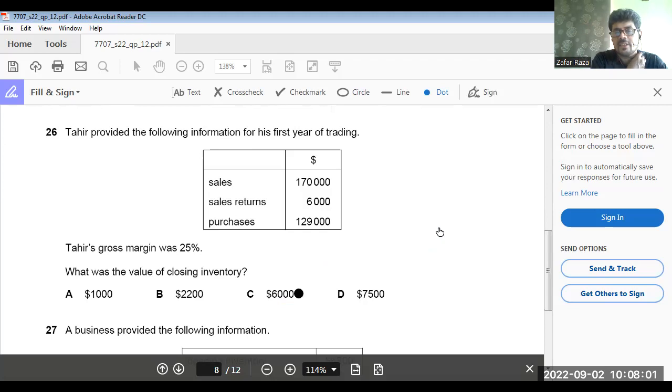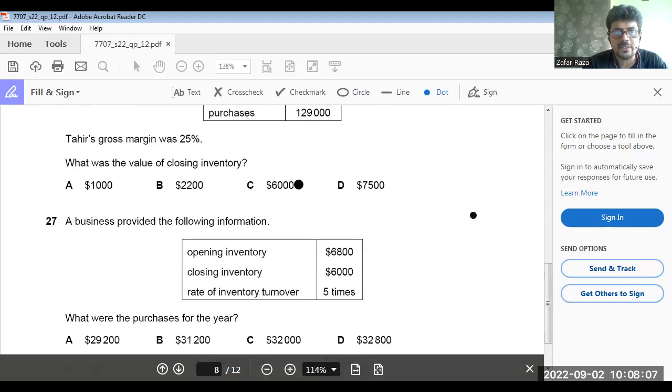It means 123,000 is cost and 129,000 is purchases. So difference 6,000 is closing inventory.